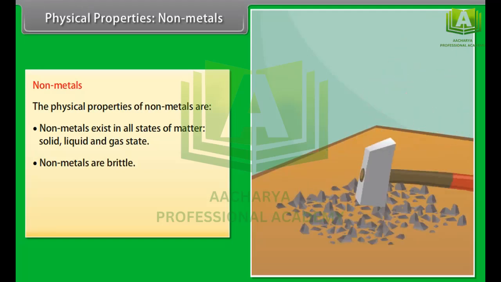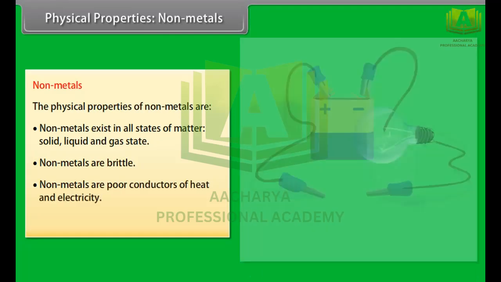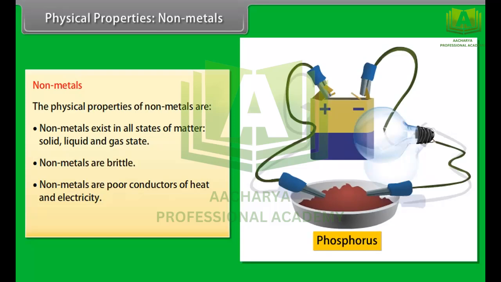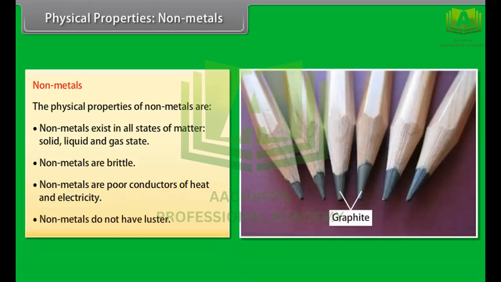Non-metals are brittle and cannot be rolled into wires or beaten into sheets. Poor conductors of heat and electricity. Non-metals are poor conductors of heat and electricity. Graphite, carbon, is an exception as it is a good conductor of electricity and is used in making electrodes. Luster. Non-metals have no metallic luster and do not reflect light.